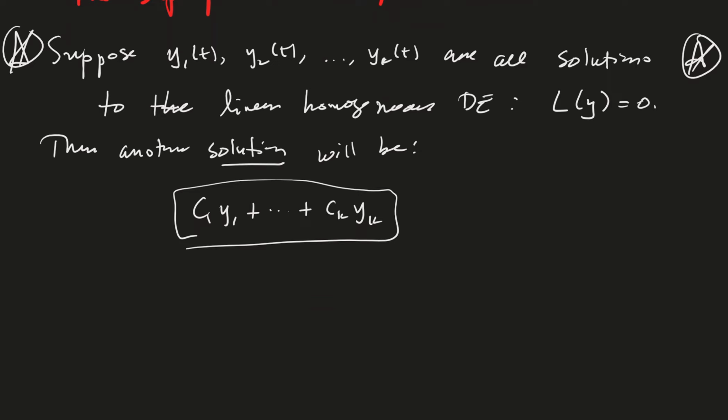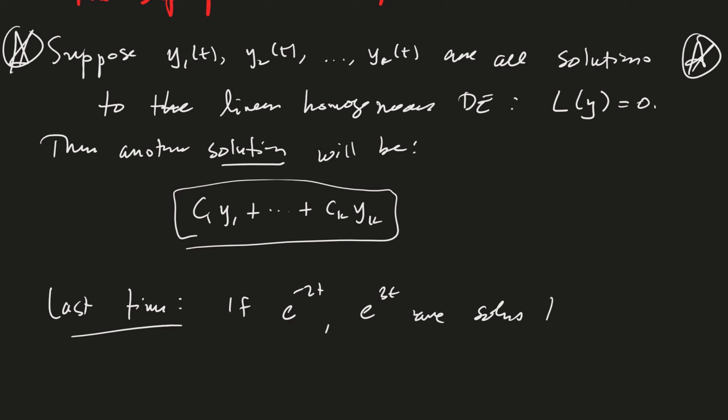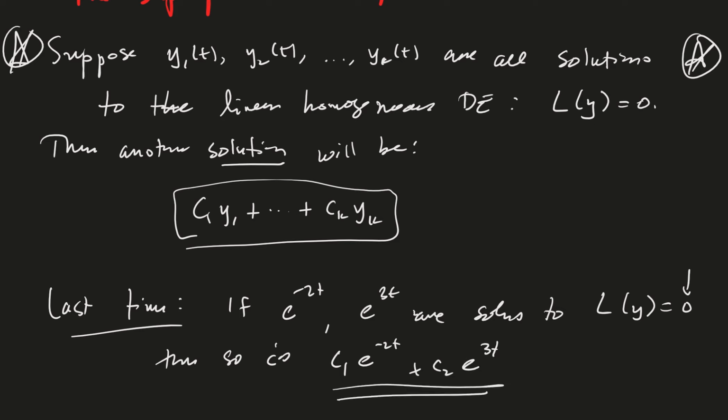I wanted to just say last time in the section we said, like, if e to the minus 2t and e to the 3t, I think were the two solutions we looked at, are solutions to our linear homogeneous differential equation, then so is c1 e to the minus 2t plus c2 e to the 3t. You see where this is coming from now? This is coming from the fact that we're dealing with a linear differential equation.